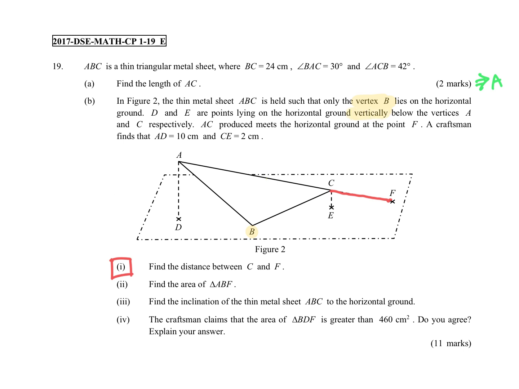So that means D and E will be the projection of points A and C respectively on the horizontal ground. AC produced meets the horizontal ground at the point F. So, well, that's key. AD equals 10 cm and CE equals 2 cm.